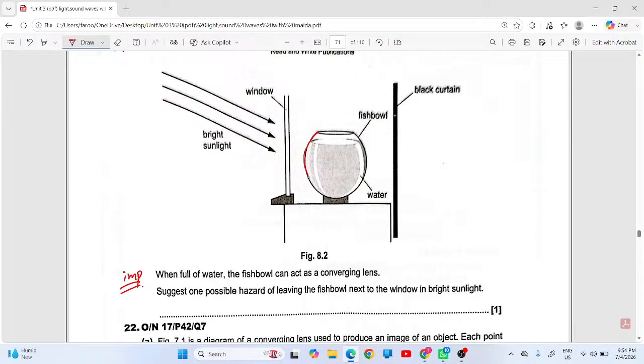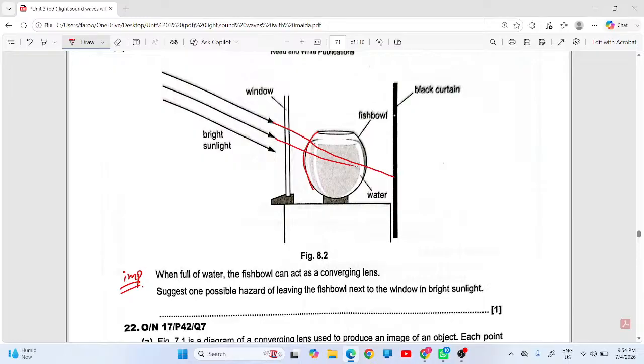ये जी. देखिए बच्चे, ये एक किस्म का कन्वेक्स लेंस बिहेव कर रहा है. ये कैसे बिहेव करेगा? एक कन्वर्जिंग सा है. So we know that when all the light rays enter the fish bowl, ये सारी लाइट रेज को ना एक सिंगल पॉइंट पे क्या कर देगा, कन्वर्ज कर सकते हैं.